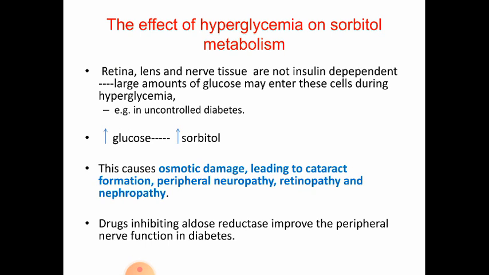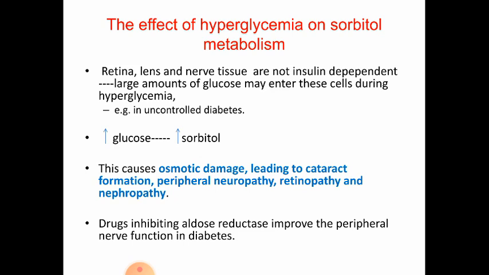This causes osmotic damage leading to cataract formation, peripheral neuropathy, retinopathy and nephropathy. So, increased sorbitol means more water retention, and osmotic pressure will increase. All this osmotic damage will lead to cataract, nephropathy, neuropathy and retinopathy.